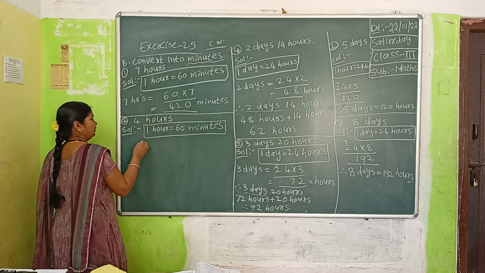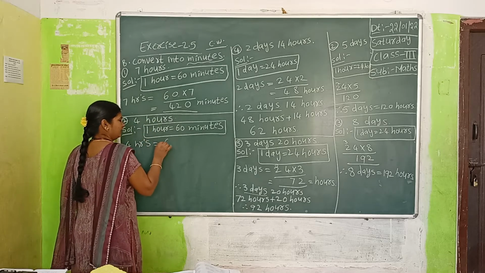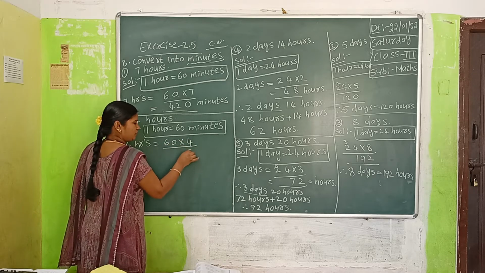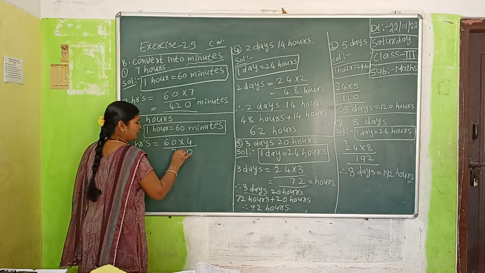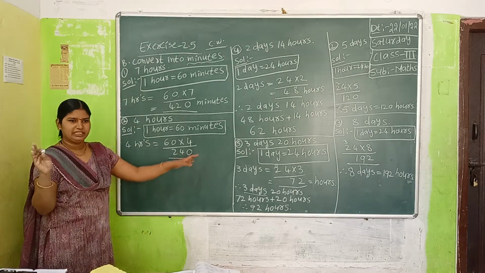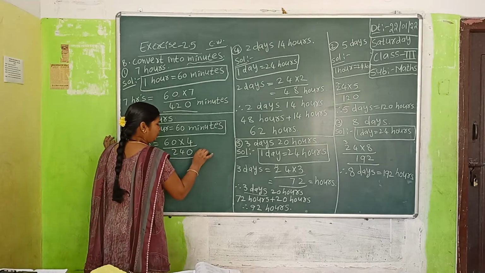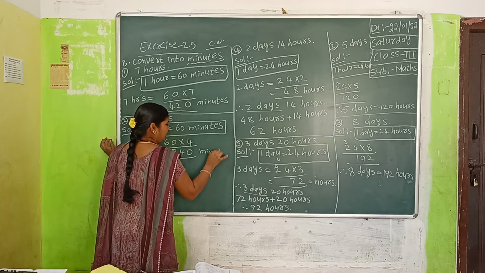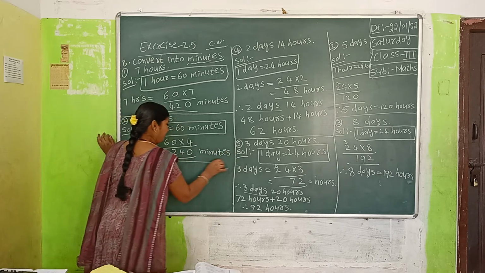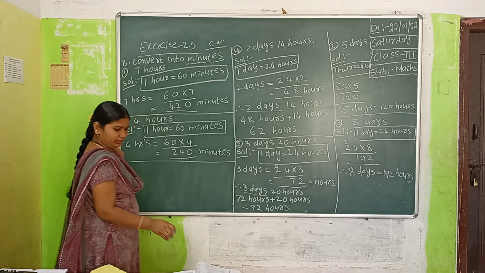Now write down. 4 hours equals 60 into 4. 4 into 0, 0. 4 sixes are 24. If you are perfect in tables, you get all these answers easily. 4 hours equals 240. 240 what? Minutes. M-I-N-U-T-E-S. Okay. Next one.